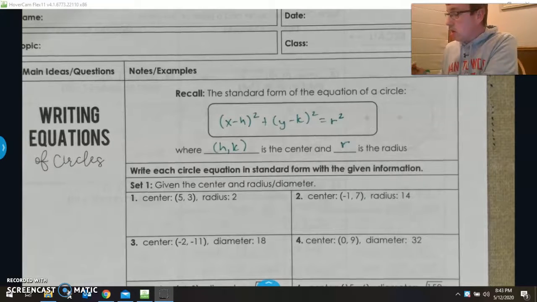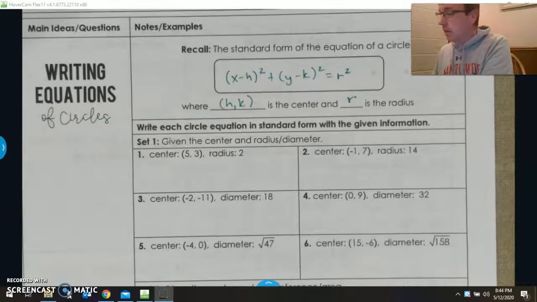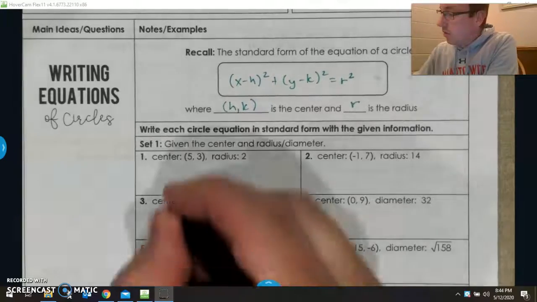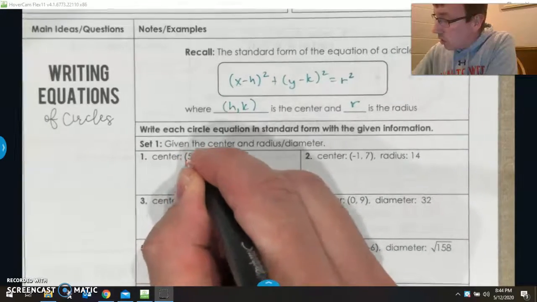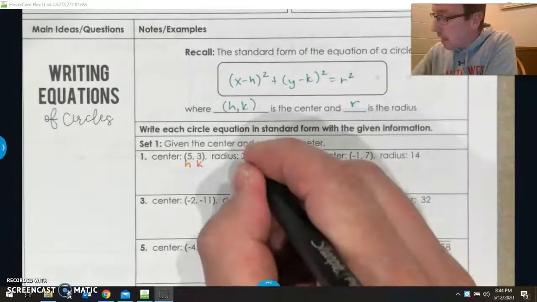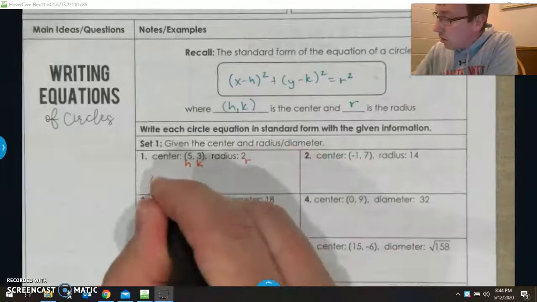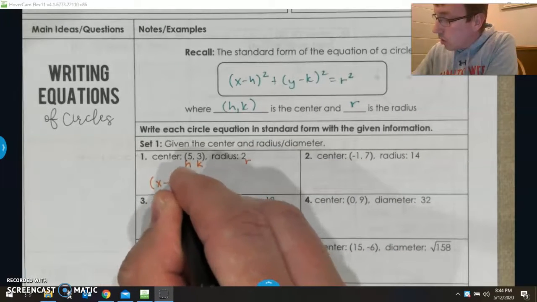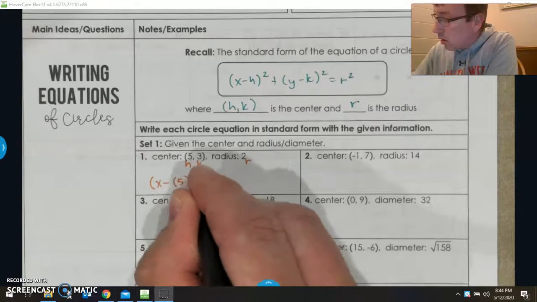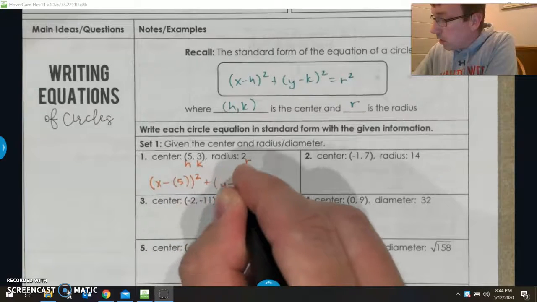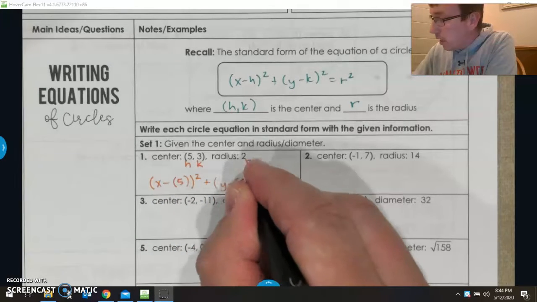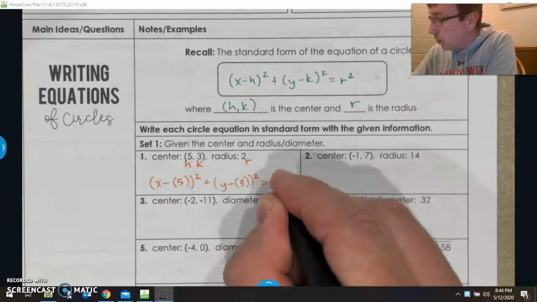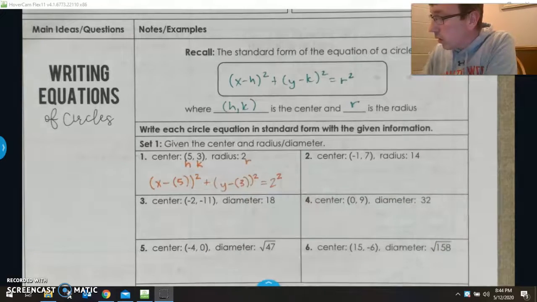So when we go through these, if we take a look at number 1, my center is 5, 3, so this is h, and this is k, and this is r. So I have x minus my h squared plus y minus my k squared equals 2 squared.